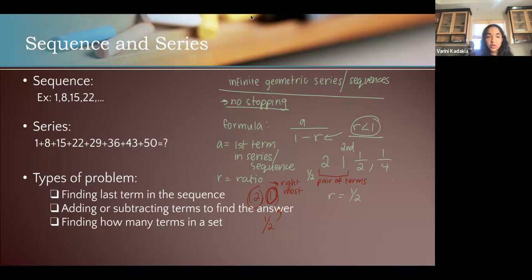Okay, so going back to the formula, does everyone understand the formula? Those that are saying no, what part do you not understand?